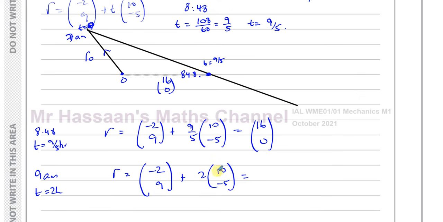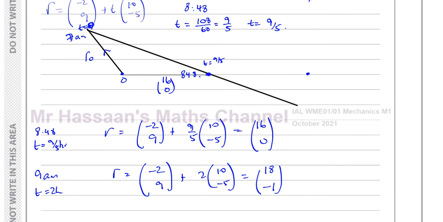Minus 2 plus 20 is 18. And 9 minus 10 is minus 1. So we know the lighthouse is somewhere this side of the ship.